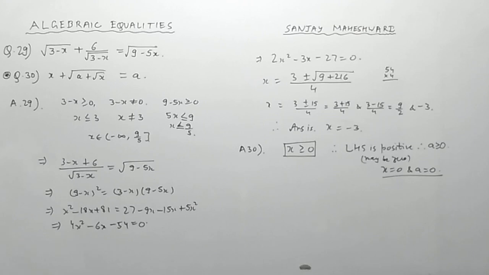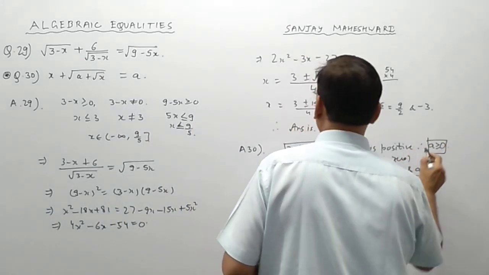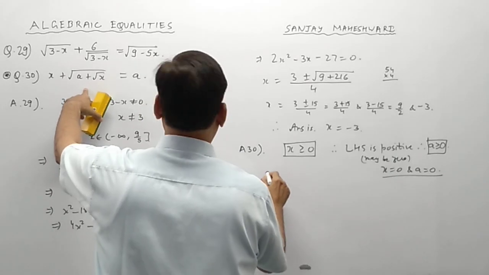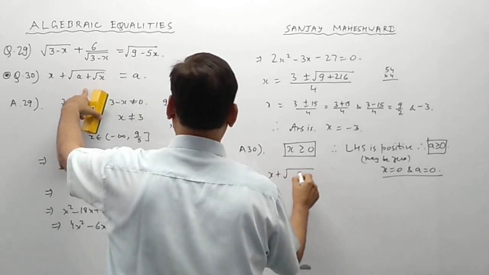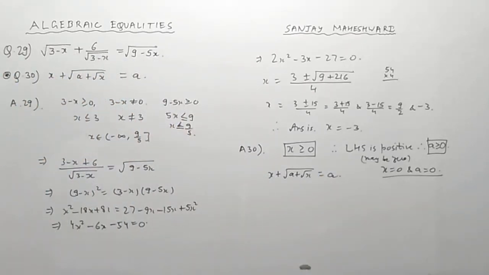Next, we'll see that a is greater than or equal to 0 and x is greater than or equal to 0. So these two are the conditions that we'll keep in mind. Now we will start with the original sum: x plus root over a plus root x equal to a.